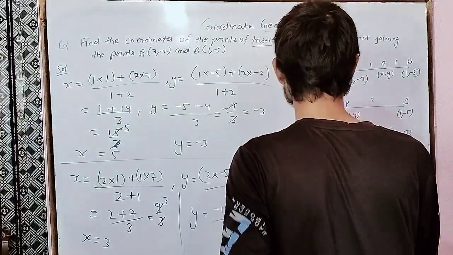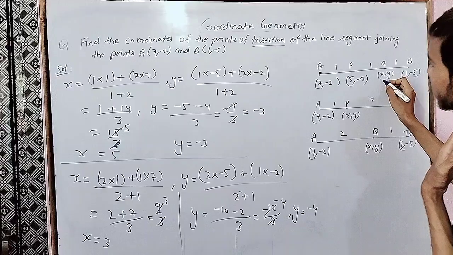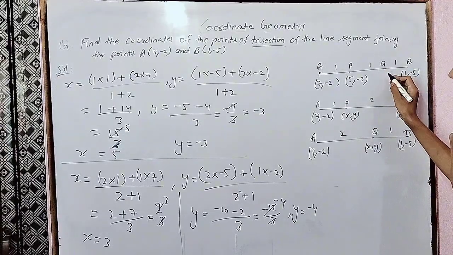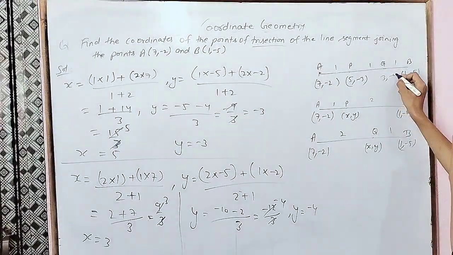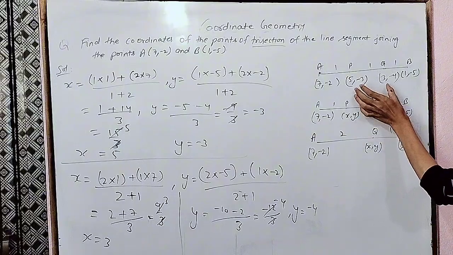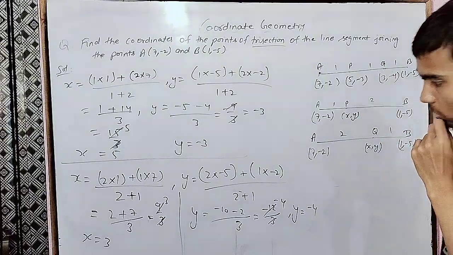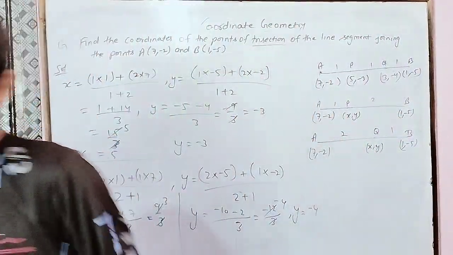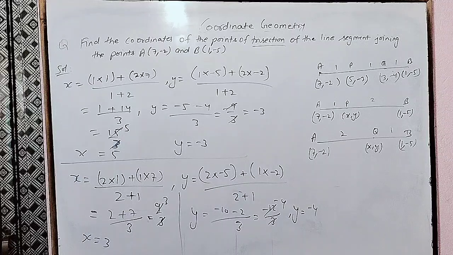So the point is 3 comma minus 4. We have found these two coordinates. That's how you will find them.